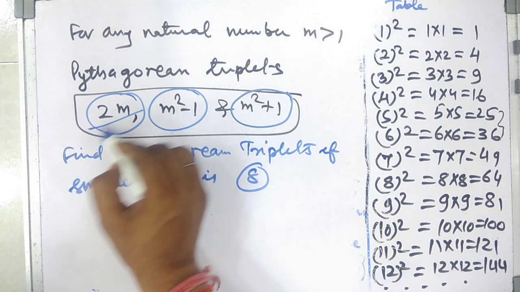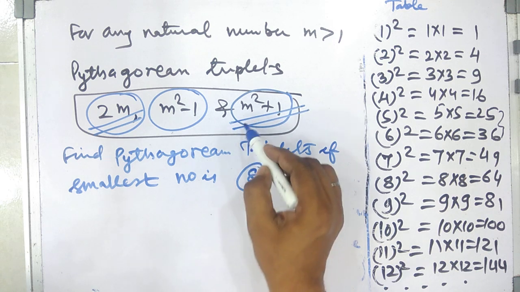So this is the smallest number and this is the largest number.